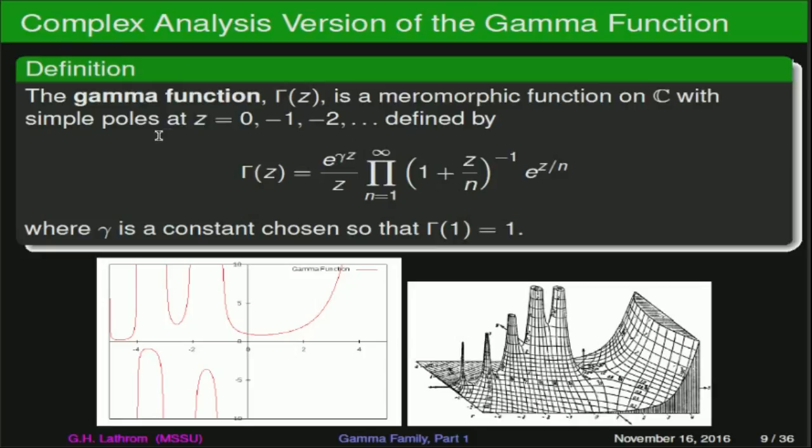It has simple poles at the negative integers and 0, and it's formally calculated as gamma of z is an infinite product, from n going from 1 up to infinity of 1 plus z over n to the negative 1 power times e to the z over n, and that's normalized by e to the gamma z over z, and gamma is a constant chosen so that gamma of 1 is 1.